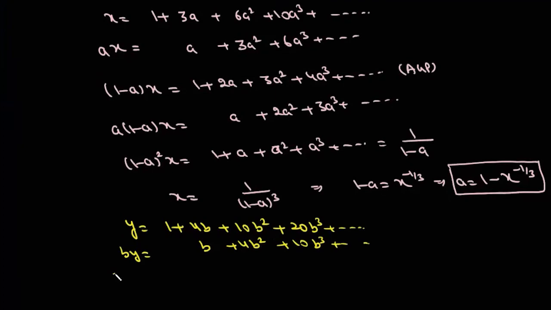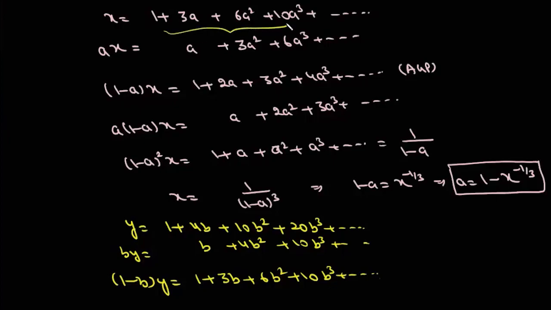So it will be this 1 minus by, and this is 1 plus 3b plus 6b square plus 10b cube up to infinite. Now this series is the same as the first series, 1 plus 3a plus 6a square plus 10a cube, and we know that the answer to this series is 1 upon 1 minus a cube.